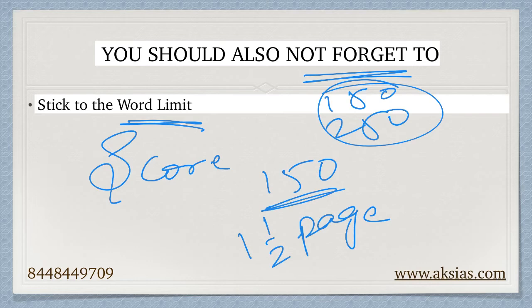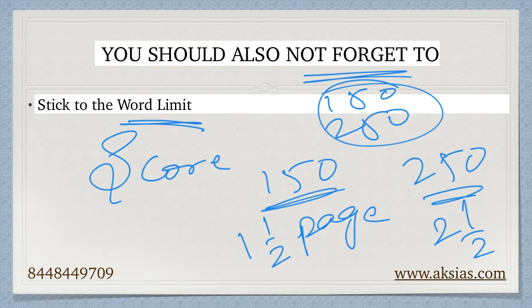So a 150 word answer should be one page and half of the next page. If it is a 250 word question, then write the answer within 2.5 pages, that is two sides of an A4 page and half of another.